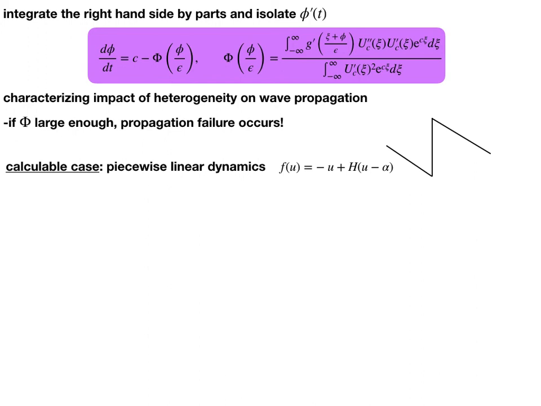Okay. So let's look at a case where we get actually a fairly clean solution, the case of piecewise linear dynamics. So you might say, well, that has issues of continuity, but we can compute all our solutions explicitly in this case. Okay. So in the case of piecewise linear dynamics, our nonlinearity is just going to have a step right here.